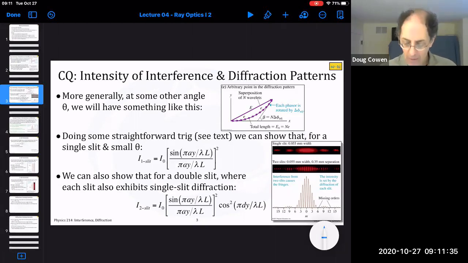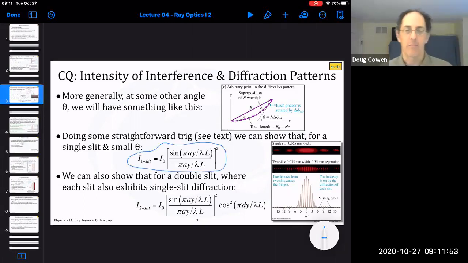And if you go through the somewhat detailed but fairly straightforward trigonometry, and this is done in the text, you can show that the single slit intensity is given by this expression.